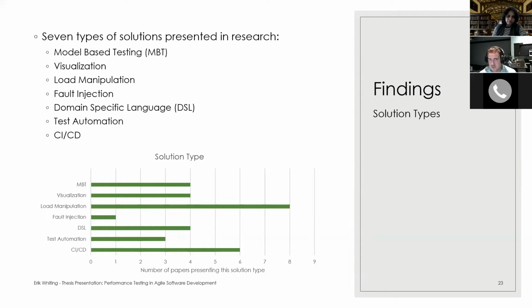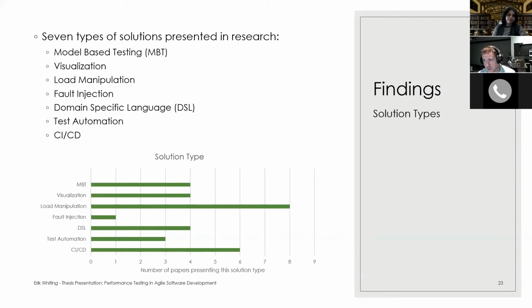There are visualization-based solutions, where instead of doing tests, we give developers a new way to think about performance testing and how to see it, and hope that helps. There are load manipulation-based solutions, which were the most popular in the research, and these are different ways of defining or configuring the load when we do performance tests.